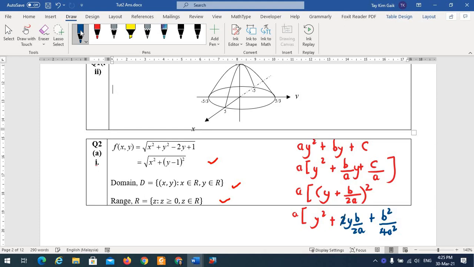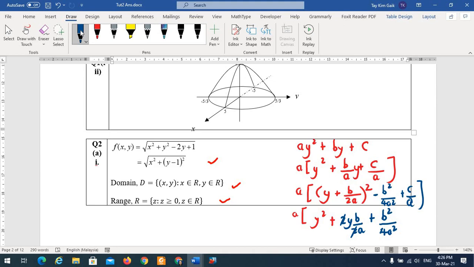So the 2 and 2 cancel. That's why you get that b over a y here. So when you do completing the square, you have the extra term b squared over 4a squared. That's why here you have the minus back b squared over 4a squared, and then plus back your c over a. This is the general way we do completing the square.